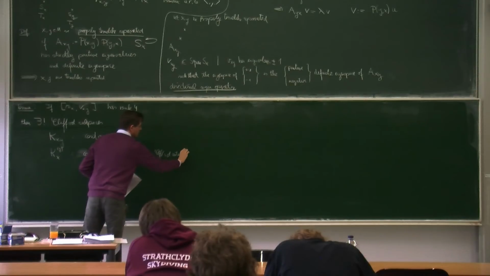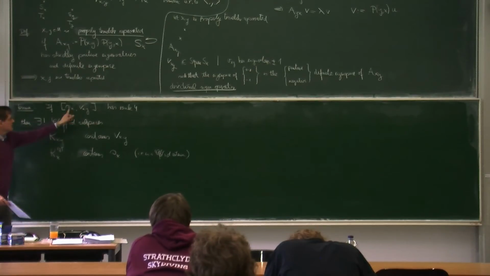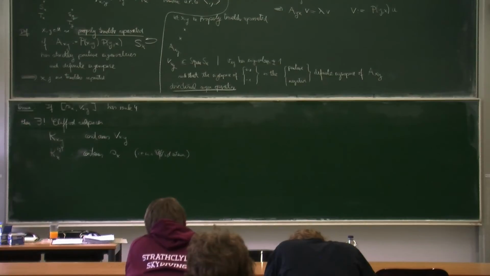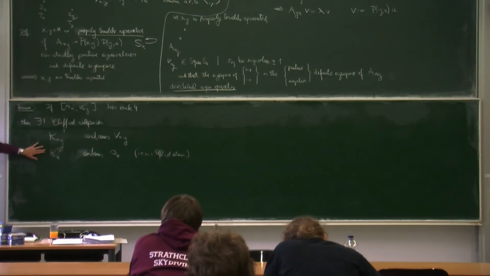Okay, and what is the method of constructing those? Basically, if the anti-commutator of the two matrices is a multiple of the identity, it's clear what to do. Then you just take the Clifford subspace which contains both operators, and in this case there is in fact a unique one, and this is just the same as this one.